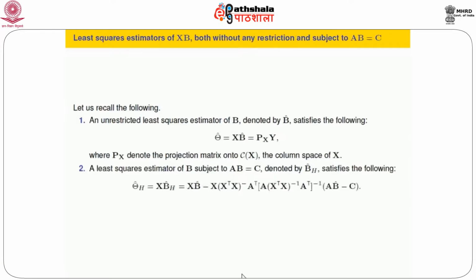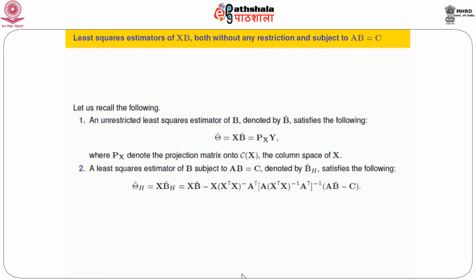PX is the projection matrix onto the column space of X. And the least squares estimator of B subject to AB = C, assumed to be a consistent system, denoted by B hat H, satisfies the following: X B hat H = X B hat minus etc. And this X B hat H we denote by theta hat H. Basically this is the estimate of XB, the mean of Y, under the restriction AB = C, and this is without any restriction over B.